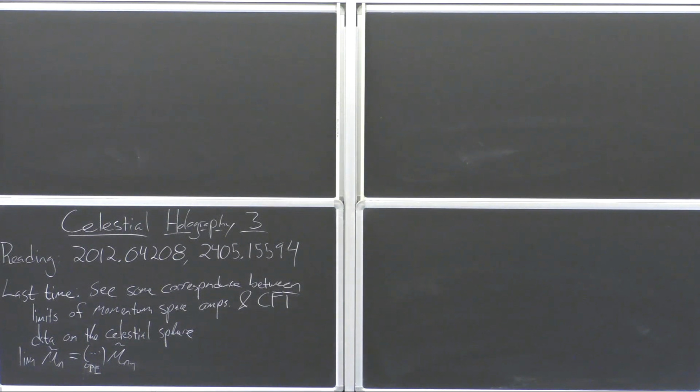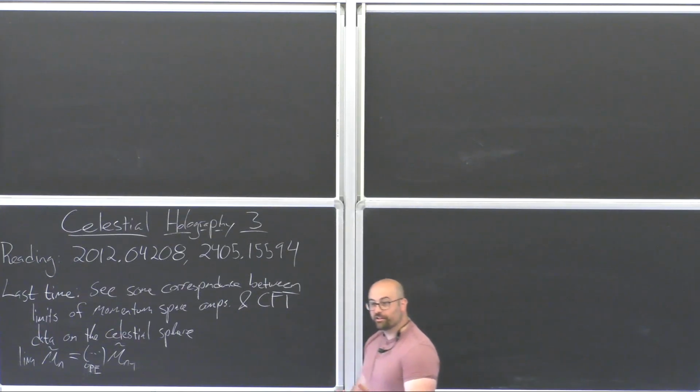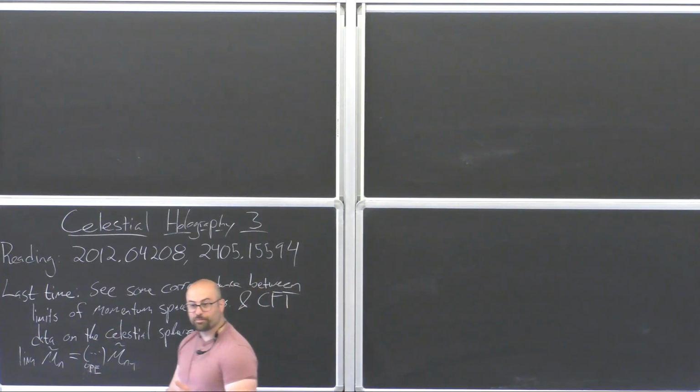But so far, I've not really told you anything about what these celestial amplitudes themselves look like for general kinematics, general quantum numbers. So the analogy I'd like us to have in the back of our minds today is momentum space and all the physics that's encoded in the analytic structure of a scattering amplitude in momentum space.